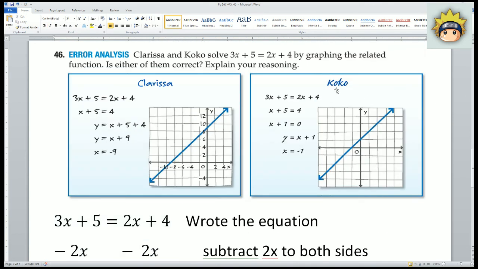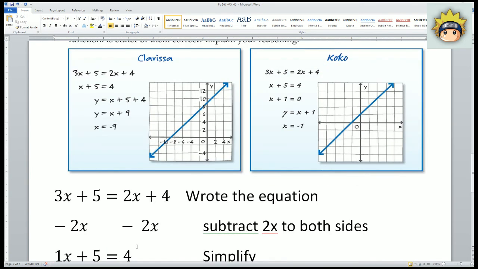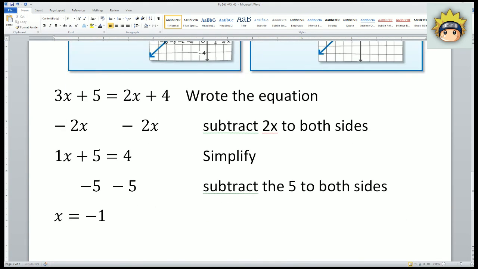So it seems like Kale here did it right. When x equals negative 1, y is 0.